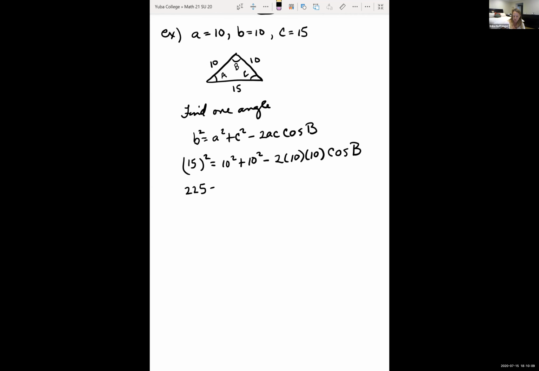Should that be 10 squared? The side across from B is 15. Is that what you're talking about right here?